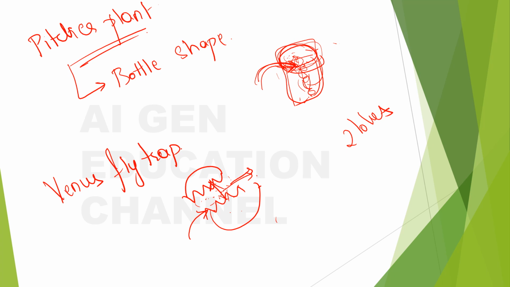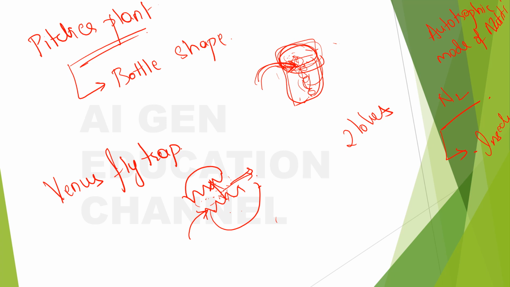So insectivorous plants can actually exhibit both types of nutrition, right? Yes or no? Why? Because they are green plants and they can synthesize their own food, so they will also show autotrophic nutrition. Apart from that, for its nitrogen needs, it depends on insects.